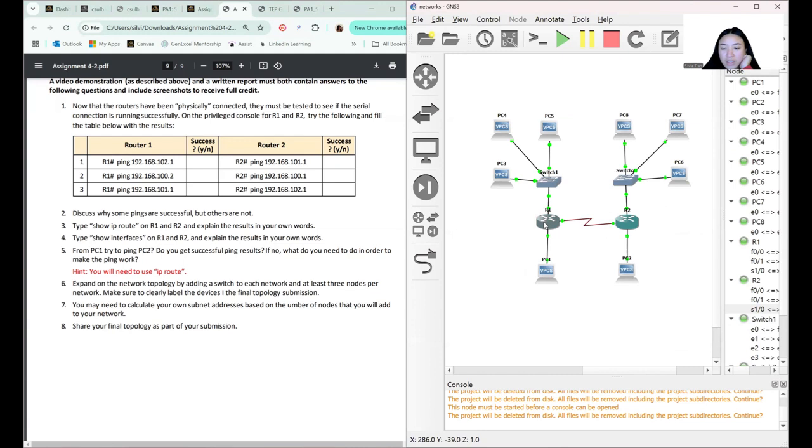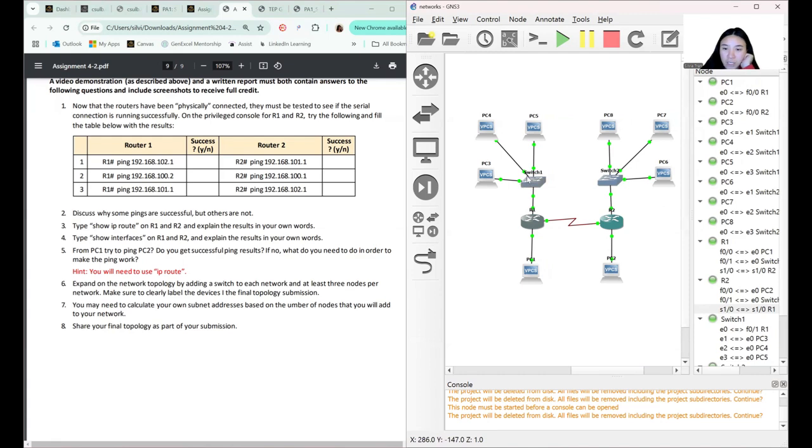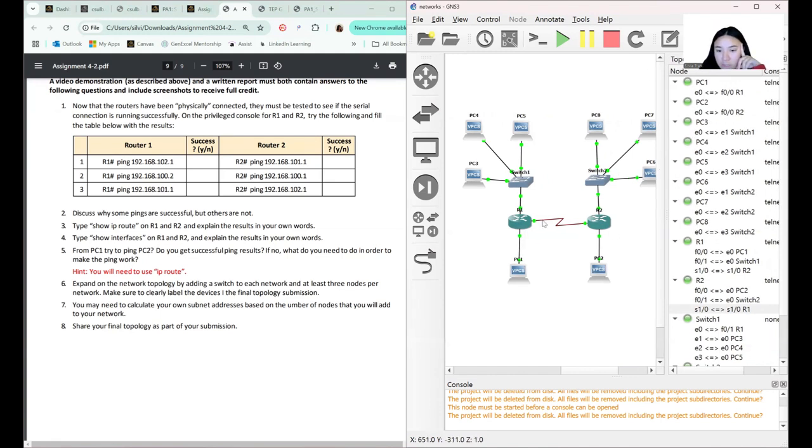I connected router 1 to switch 1 using router 1's fast Ethernet interface and the Ethernet of switch 1, which can be seen over here in the topology summary. If I go over to router 1 right here, and we look at this one, it's connected from router 1's fast Ethernet 0/1 to Ethernet 0 on switch 1.